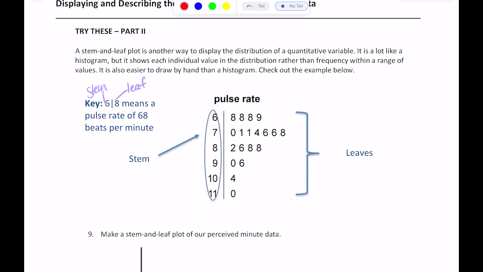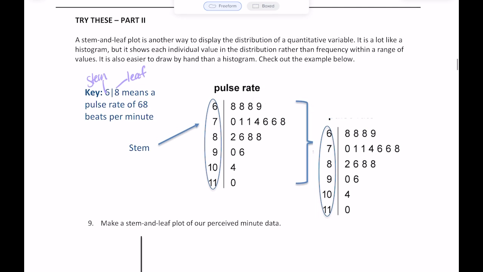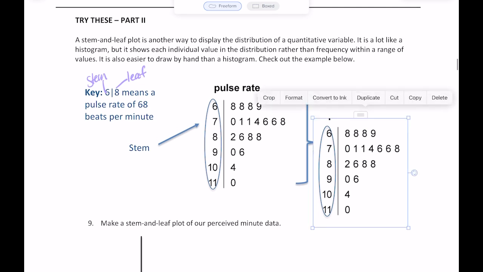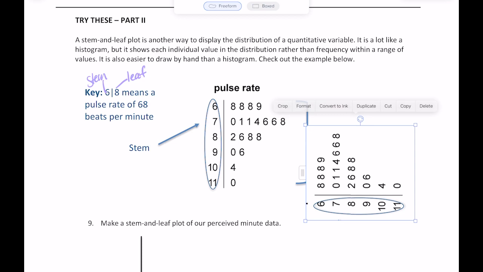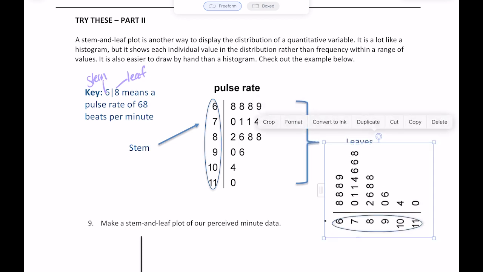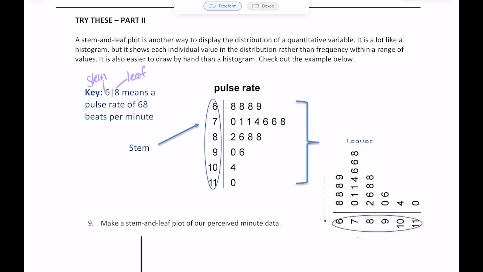One of the other cool things is that if you take a histogram, and so let me copy it and then paste, okay? If I turn this on its side, you now have a histogram. So I can look at this and I can see, if you were to describe the shape, to me, this looks like it's skewed to the right.